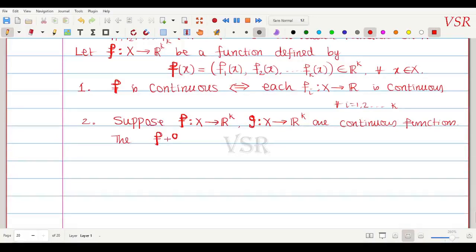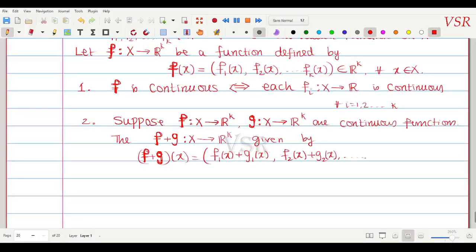I have defined all this already. f plus g is a function from again X to R power k given by f plus g of x equal to f of x plus g of x, which is f1, f2, ..., fk for f and g1, g2, ..., gk for g. So I write it as f1 of x plus g1 of x, comma, f2 of x plus g2 of x, comma, and so on, up to fk of x plus gk of x. This is how I have defined it.